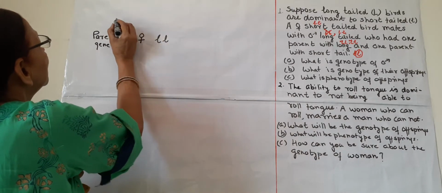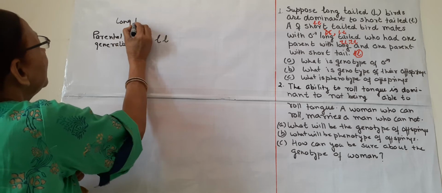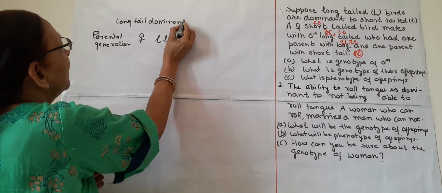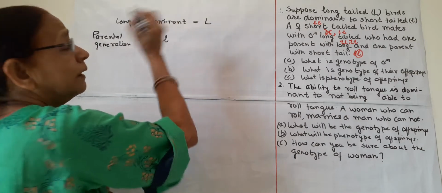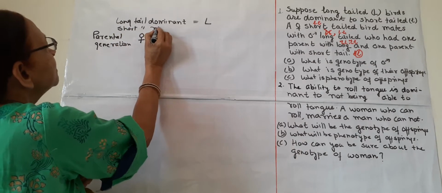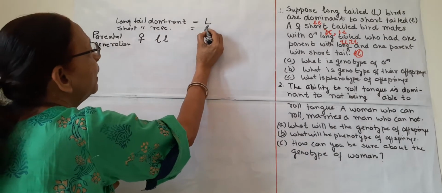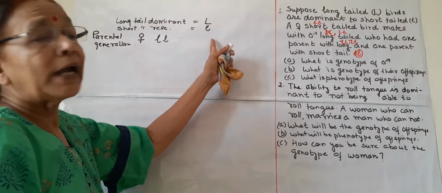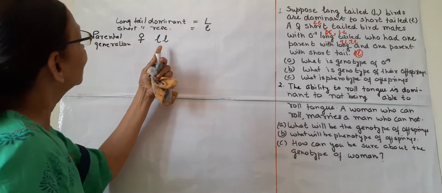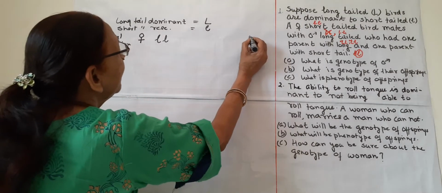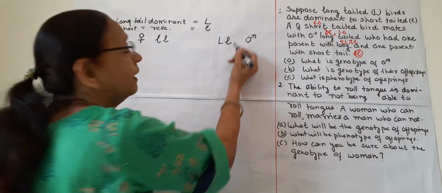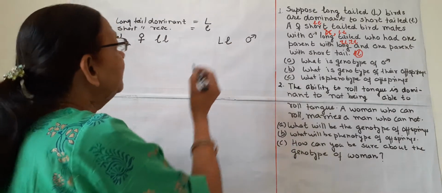So before writing this, we can write: long tail, dominant, and it is denoted by L. Short-tailed, recessive, and it is denoted by small l. So we can also write these symbols before starting the question. So here in the parental generation, the female is this, and the male parent we have seen is Ll, capital and small.